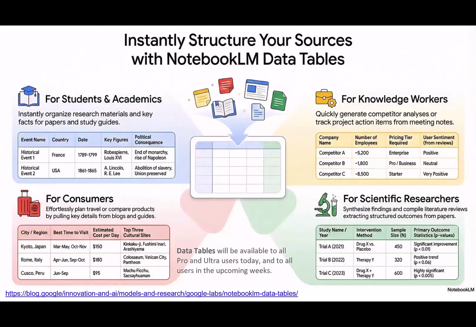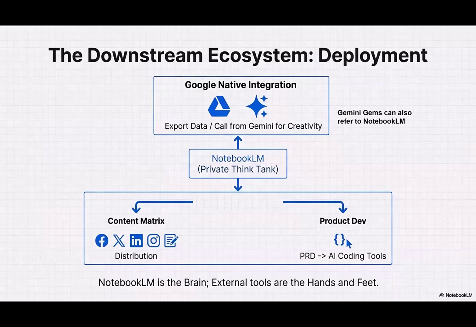This is the data table, but this is the infographic. This is not the actual one generated. And that's the integration with Gemini or Gen, which we'll cover in the future.